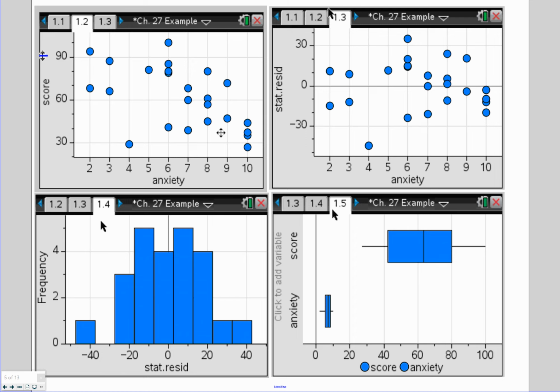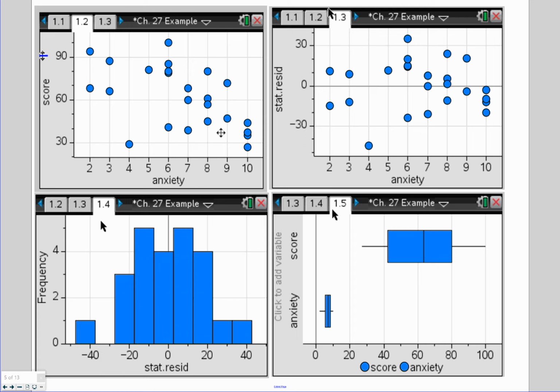Now, we didn't go over this, but when I make a scatter plot, my brain immediately starts thinking about 3 things: direction, form, and strength. Direction, that is for a scatter plot. For a histogram, it would be shape, center, spread.